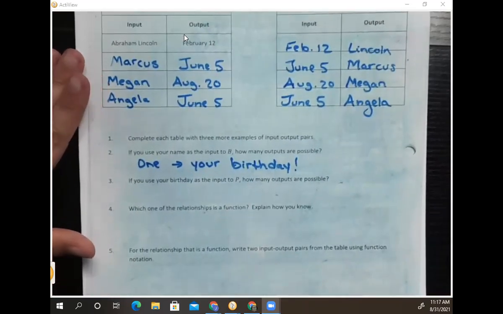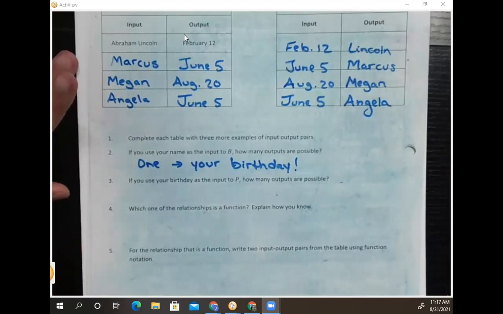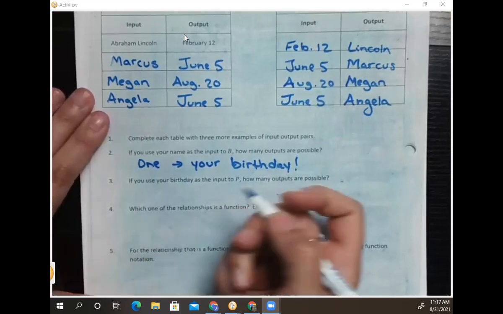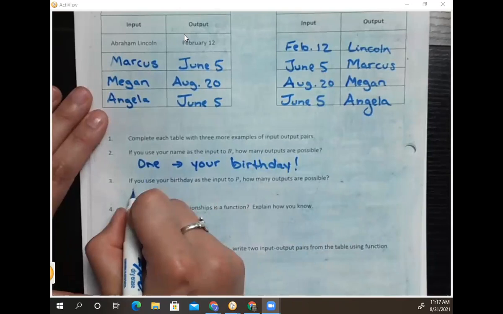So is there only one person ever that's born on February 29th? Even if we pick a day that doesn't have a lot of options for people to have that birthday, we still have more than one person with that birthday, right? So probably our number is fewer for February 29th, but it's still more than 1. So how many outputs are possible?